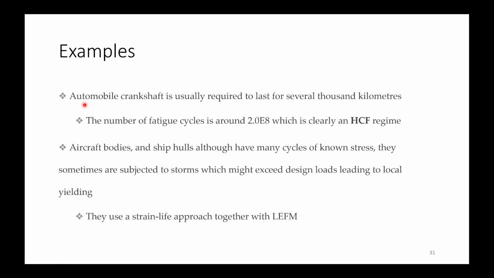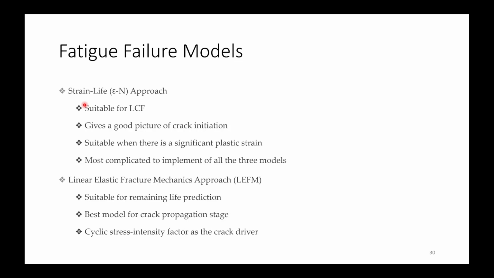Now, aircraft bodies and ship hulls, although they have many cycles of known stress, are sometimes subjected to storms which might exceed design loads, leading to local yielding. So they use a strain life approach together with a linear elastic fracture mechanics approach.